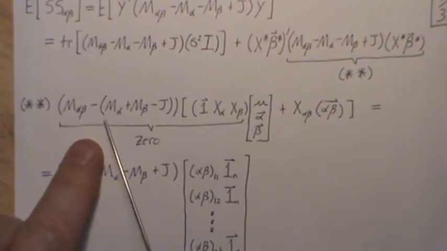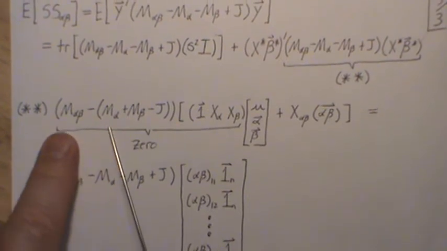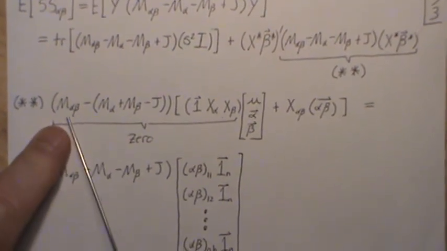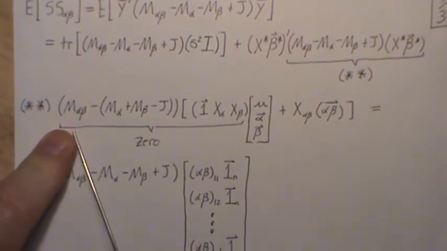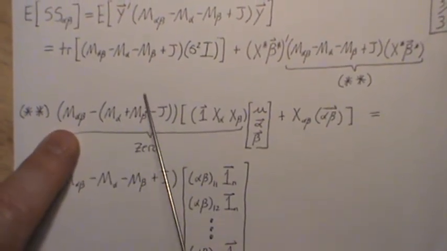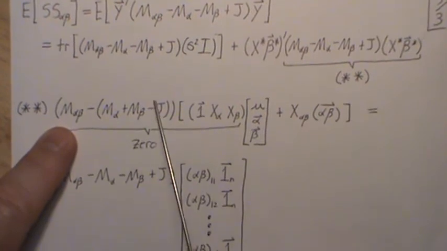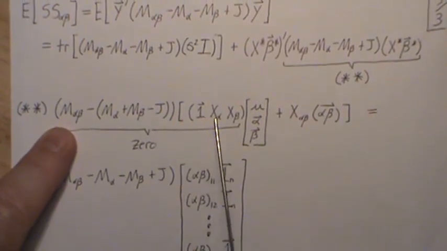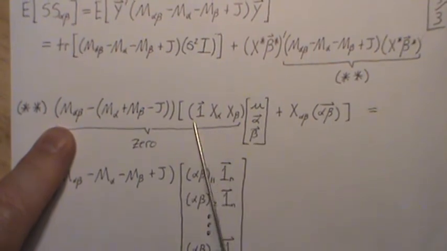What's interesting is this is a perpendicular projection matrix onto the interaction space, but orthogonal to the column space of 1, x alpha, x beta. So this piece is 0.